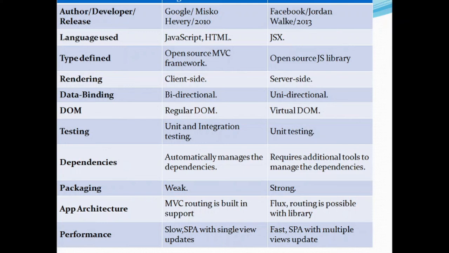Coming to testing, Angular supports both integration and unit testing, whereas in React, as we develop only the components in the view layer, we can perform unit testing. In Angular, the advantage is that when dependencies are needed, as there are more configuration files, it can automatically manage the dependencies.